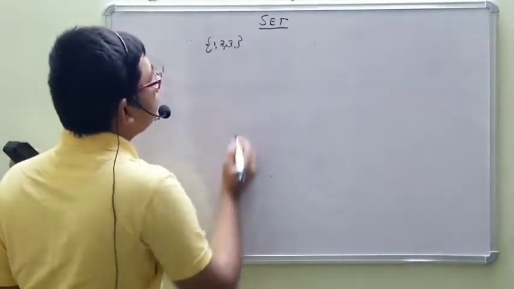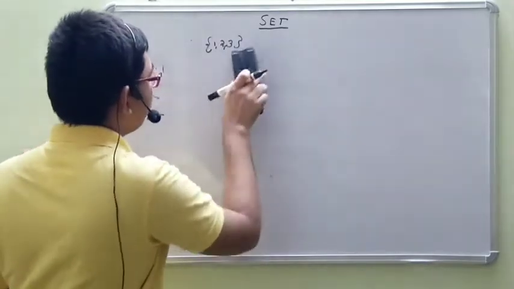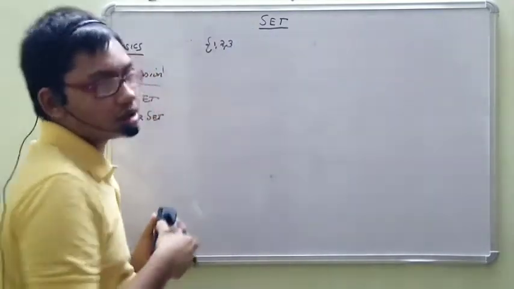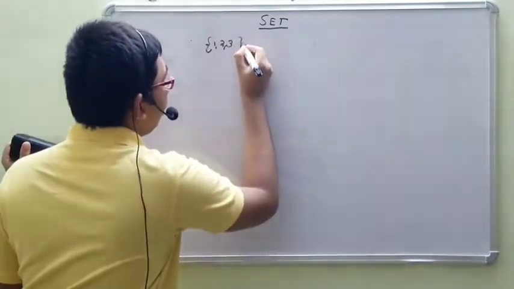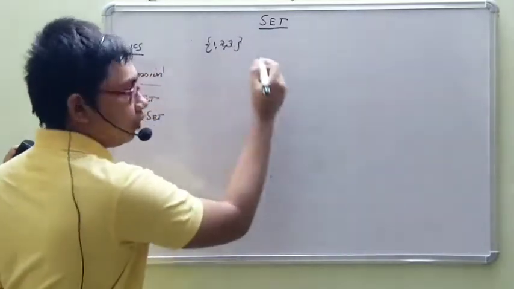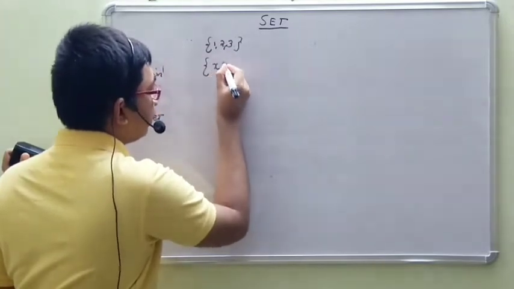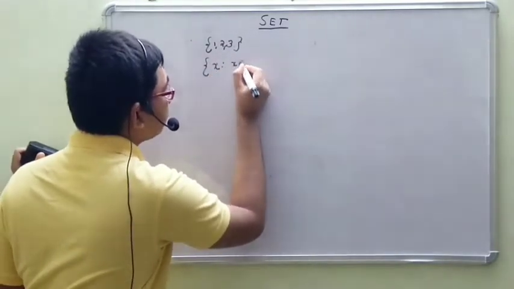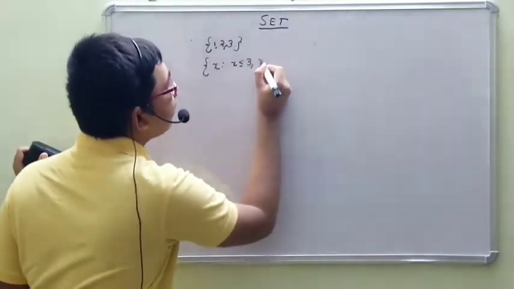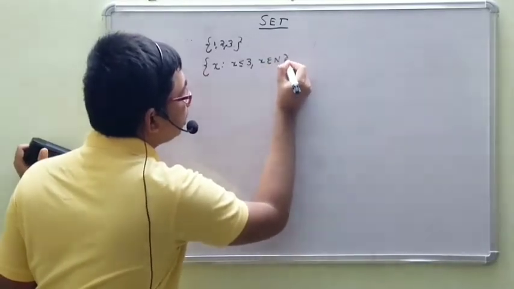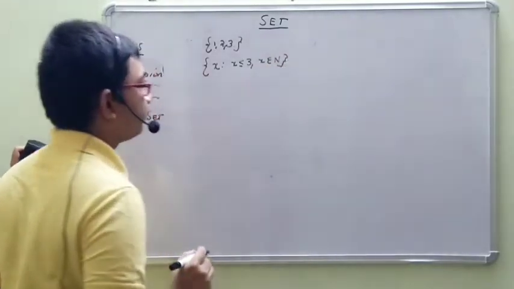There are only 3 elements in this set. In roster form it is this, and in set builder form it is the set of all x such that x is less than or equal to 3 and x is an element of N. This is the set builder form.